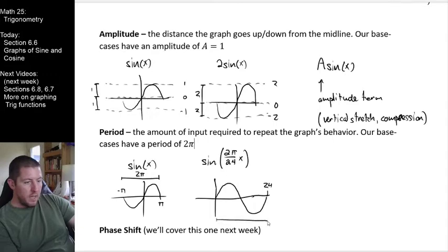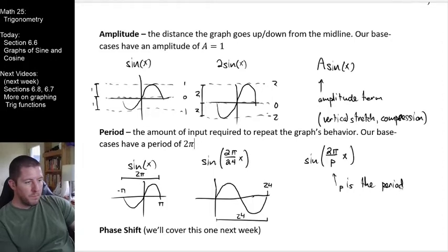So it seems like we can identify what is the period of our graph by looking at the coefficient sitting in front. Notice that's a 1, right? So sine of, let's call it 2 pi over p. P is the period.